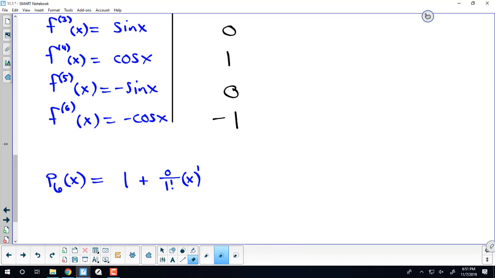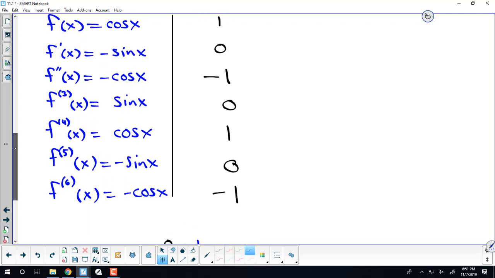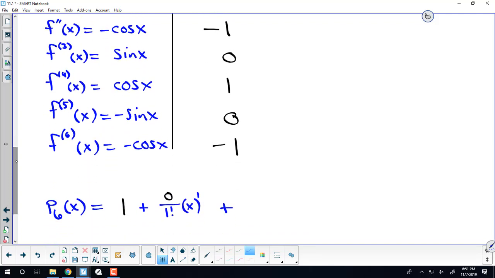Our third term, coming from the second derivative, coefficient of -1, will be over 2 factorial times x minus a, which is 0, so x minus 0 to the second power.